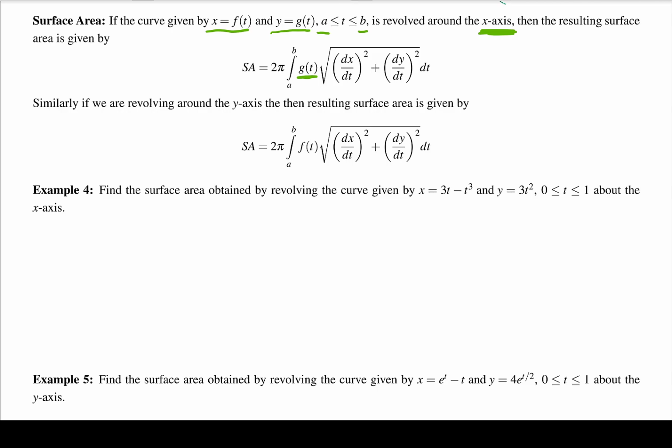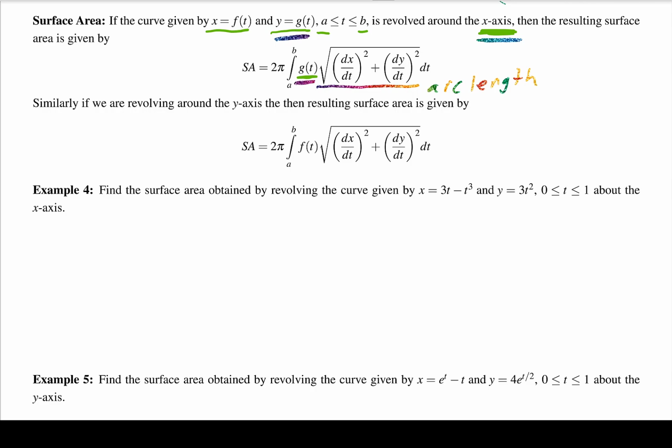Right, so notice that this part right here is just from arc length. You can think of it as the arc length formula, and then we just need to multiply by the function that we're not revolving around. So if we're revolving around the x-axis, then we should be using our y function to multiply by.